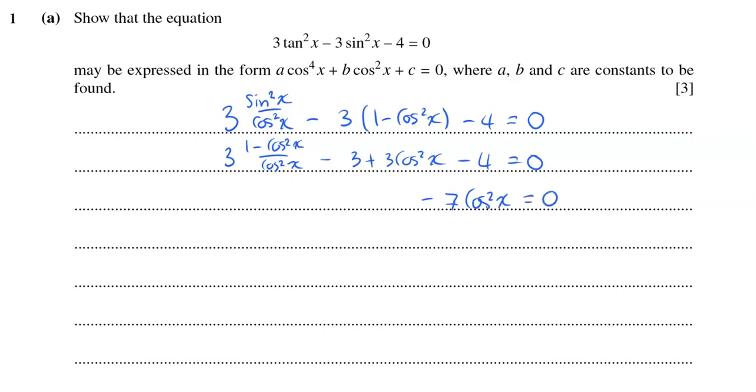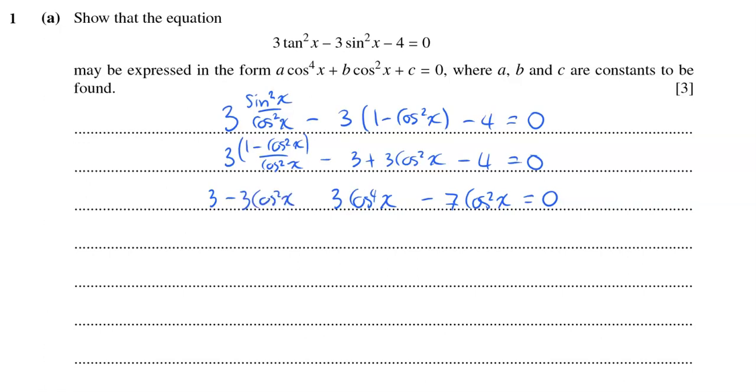We've got the 3 cos squared. That's going to turn into 3 cos to the 4 because we're multiplying it by cos squared x. And then the first term, which is made up of different parts on top, we multiply it by cos squared. The denominator goes, and all we have left on the top is 3, multiplying the whole numerator. So it's going to be 3 minus 3 cos squared x.